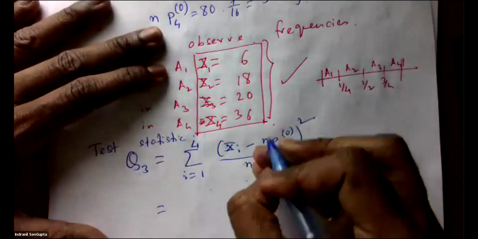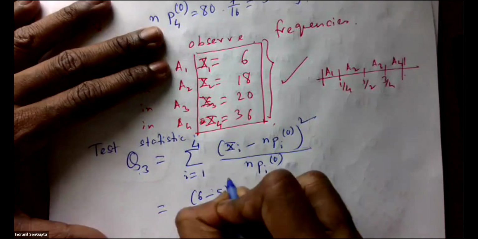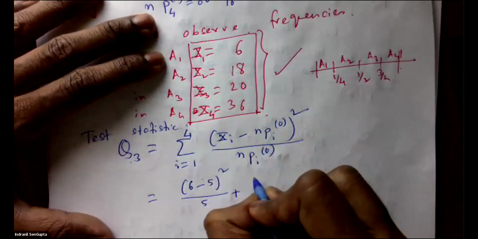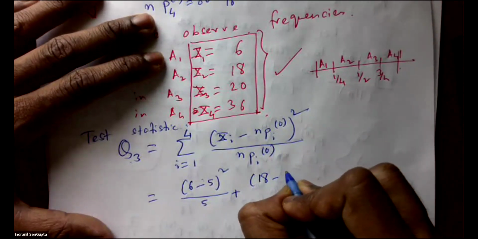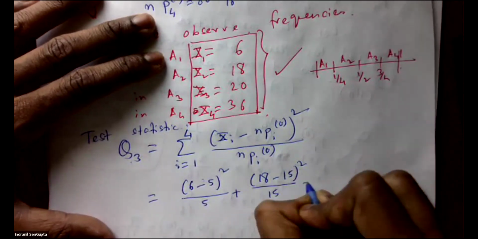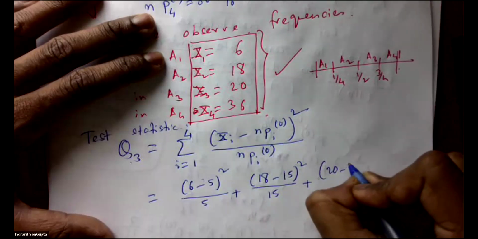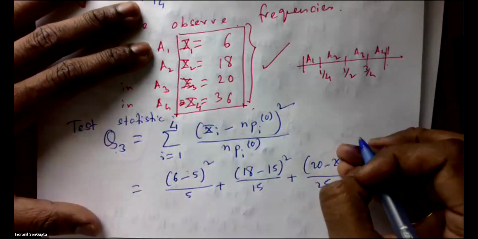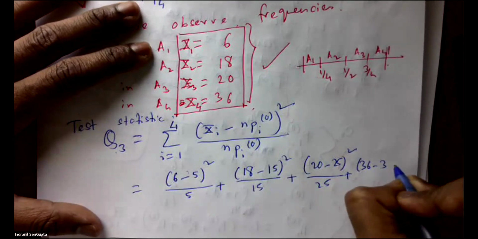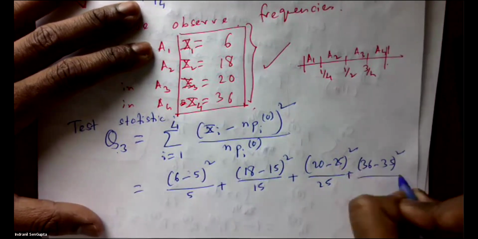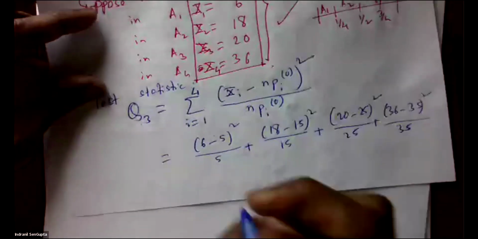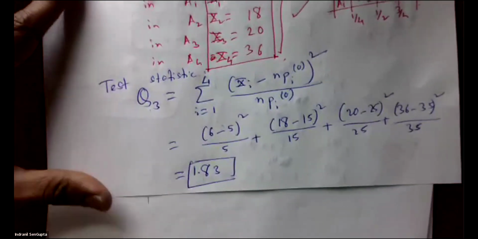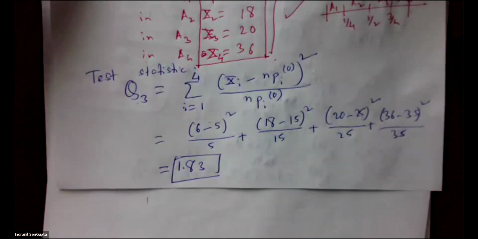Okay. So it's essentially 6 minus 5 squared over 5, plus 18 minus 15 squared over 15, plus 20 minus 25 squared over 25, plus 36 minus 35 squared over 35, which if you compute, is 1.83. So that is the value of the test statistic. Now, what do you want to do with that?